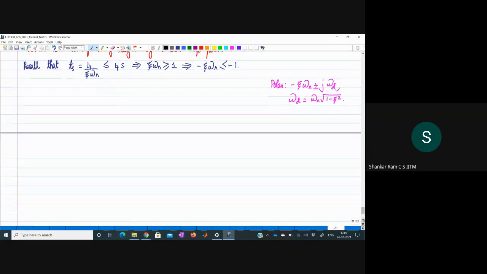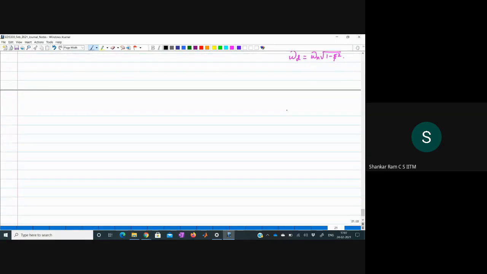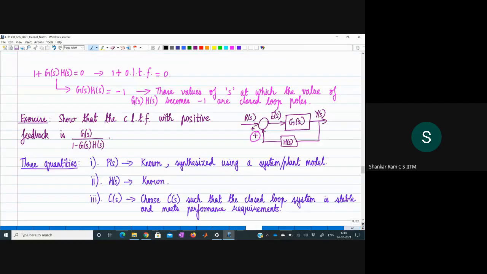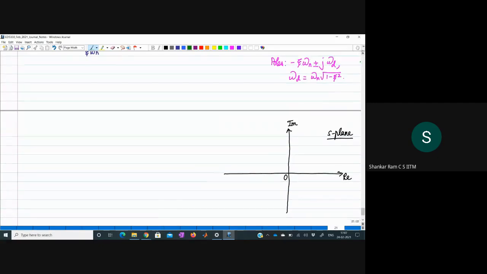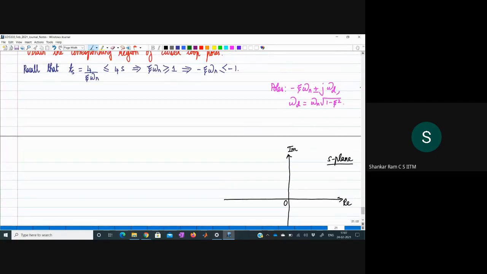Now, why do we write like this? Suppose we look at the S-plane, okay? We plot the S-plane, and we essentially look at the real axis and the imaginary axis. So let us say we draw a line, see, please note that minus zeta omega n is the real part of the pole, right?